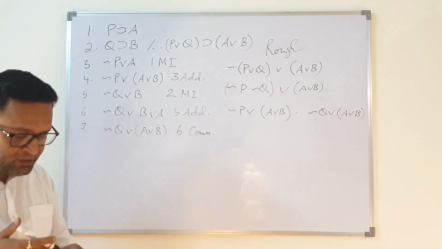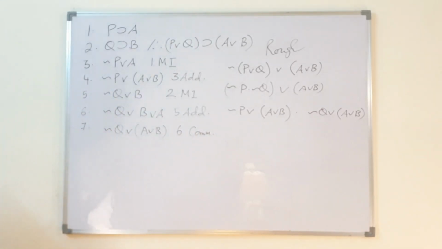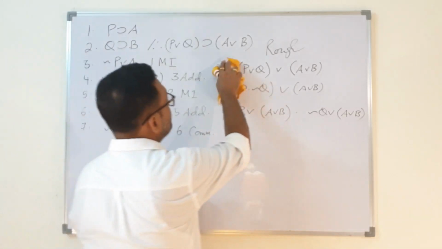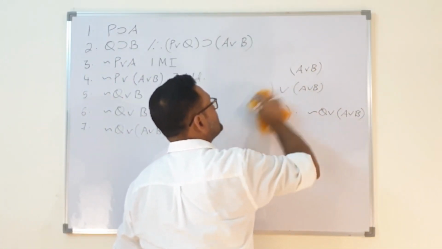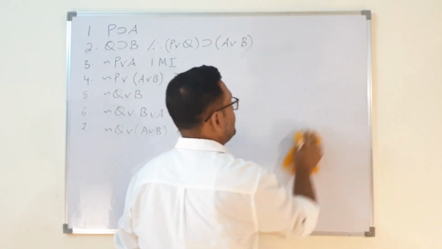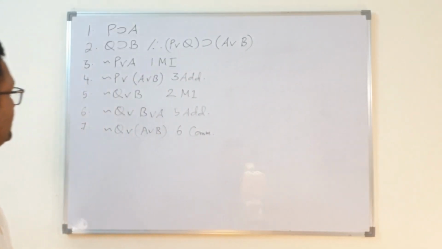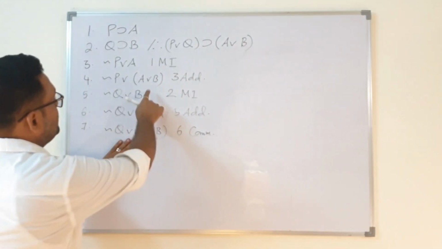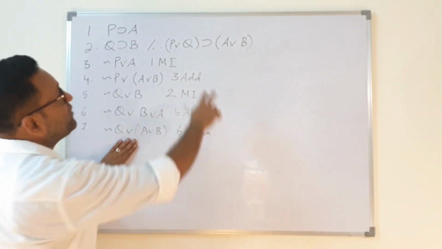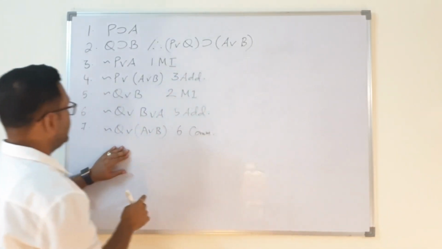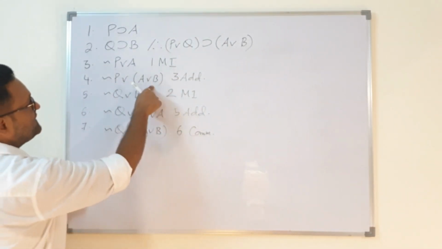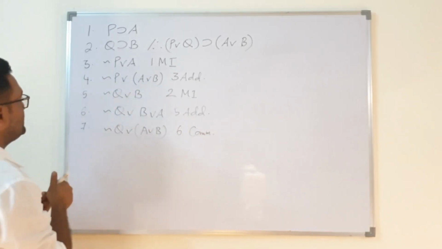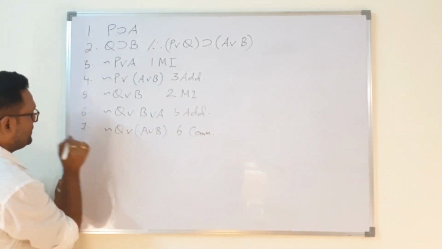Okay. Now I will remove the rough work, because now we do not need to have this and we can solve properly. Okay. Now, if you see, we have got actually the forms which we require in order to create this. Now, in order to create this, what we have to do? We have to conjoin these two things. So I will use conjunction.